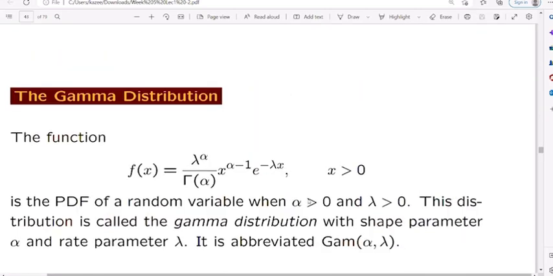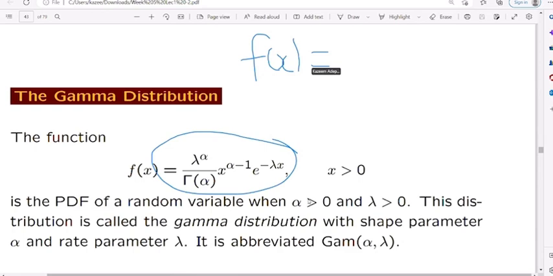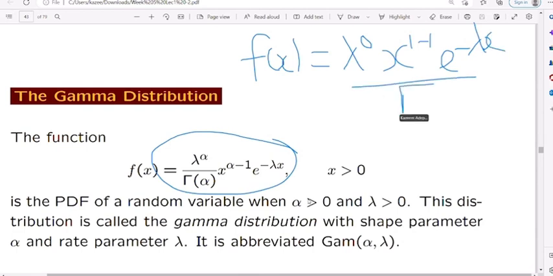When alpha equals 1, if I plug in alpha to be 1, let's see what we're going to get. That will be x raised to the power 1 minus 1, which is x to the power 0, and gamma of 1 is 1. So this is going to be 1, 1, 1.